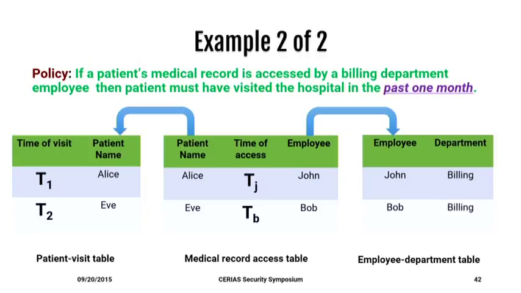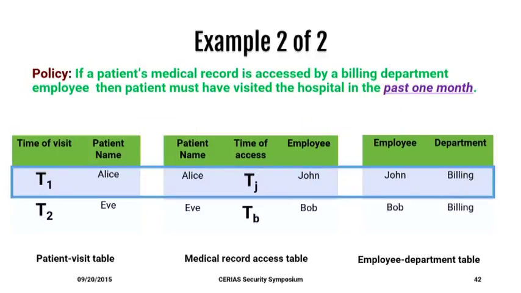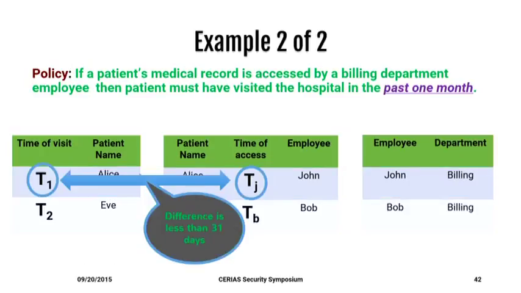But the thing is, that's not enough. Say I get this entry, right? I have to say that the time difference between these two is less than 31 days, right? So I have to have a way of checking encrypted times and doing comparison.